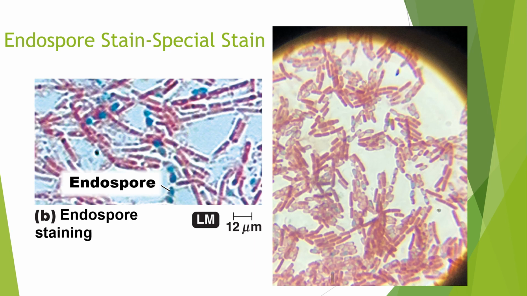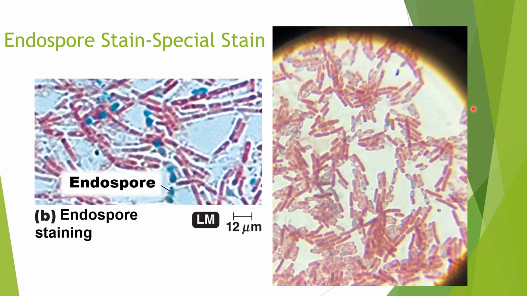So right here, let's take a look at this image. Do you see how there are bacilli, again bacilli meaning rods, bacilli-shaped bacteria that don't have spores, and then right here, do you see how some of them have green inside of them? And that green inside of them, those are basically the spores.